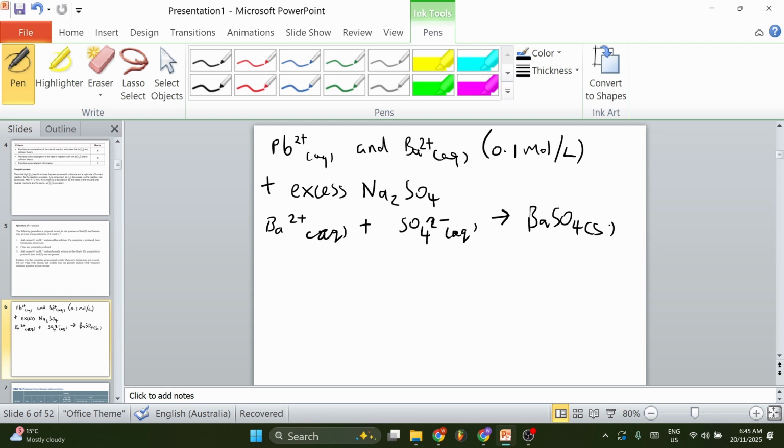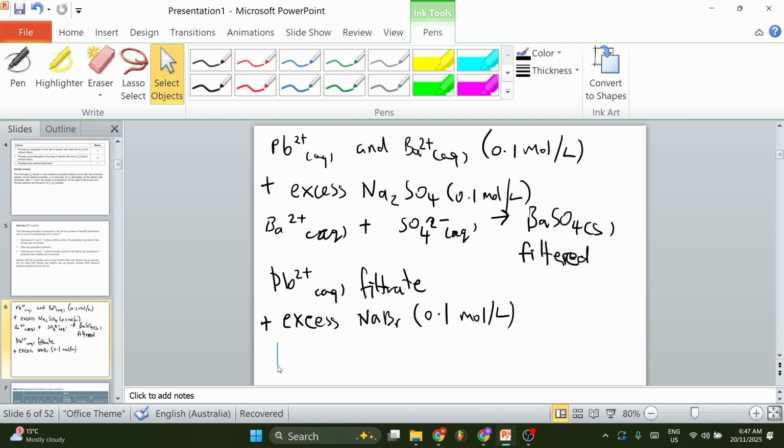The solid was then filtered, and then presumably the filtrate is just the remaining lead-2 plus. The filtrate was then added with sodium bromide. We can then say lead-2 plus aqueous plus Br minus goes to lead bromide.